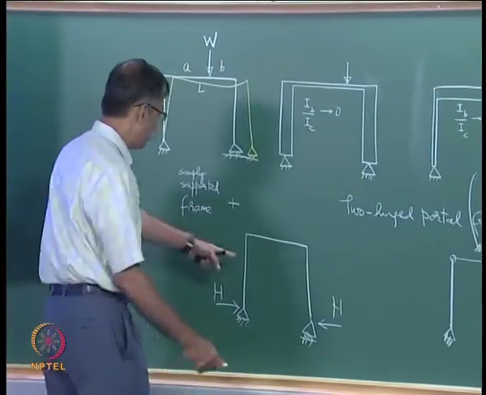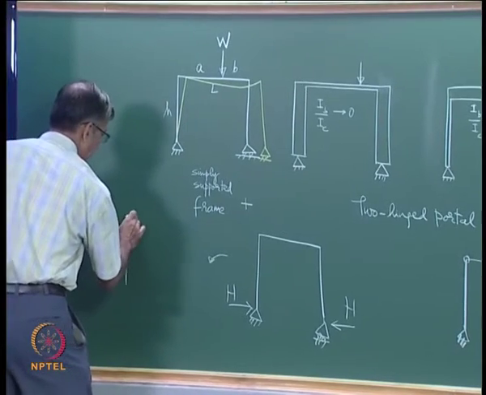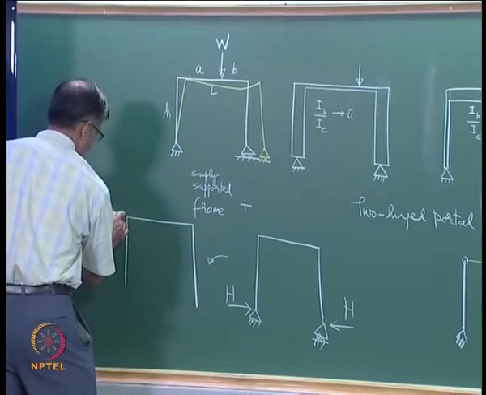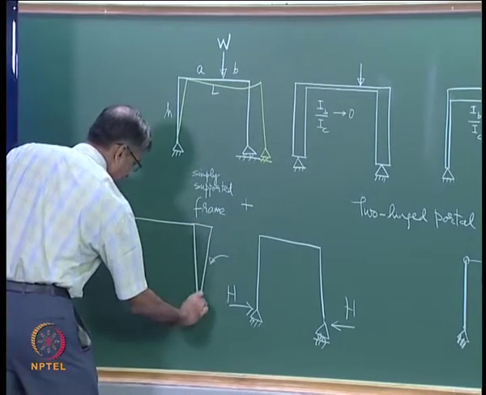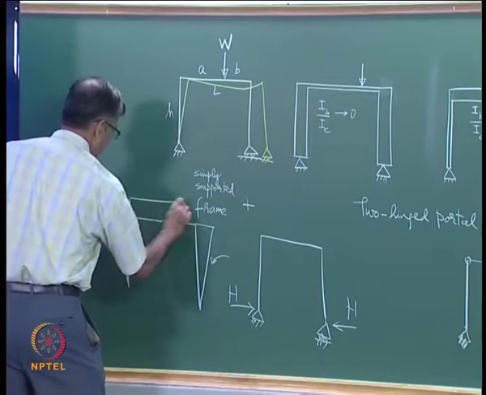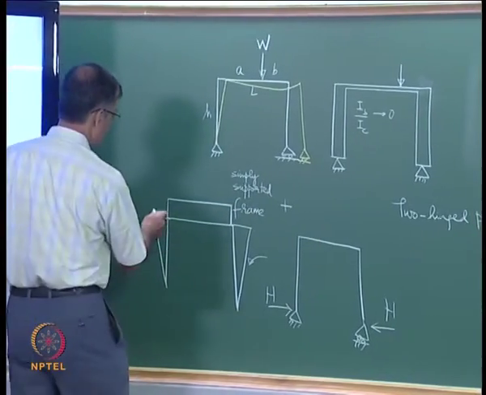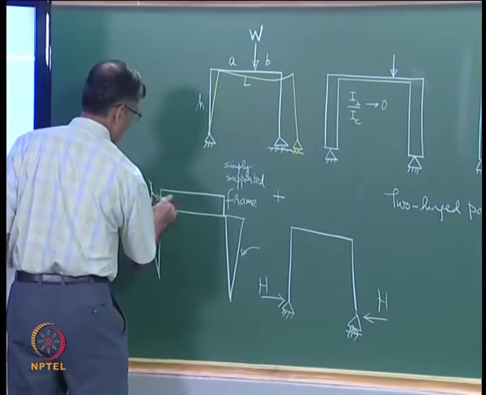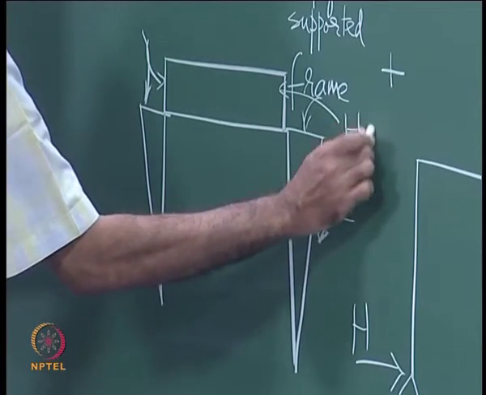The bending moment you get from this diagram will look like this. Do you agree? This is going to hog and the moment on this side and this side will be equal to H into h.